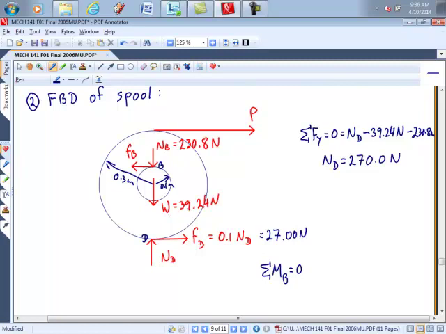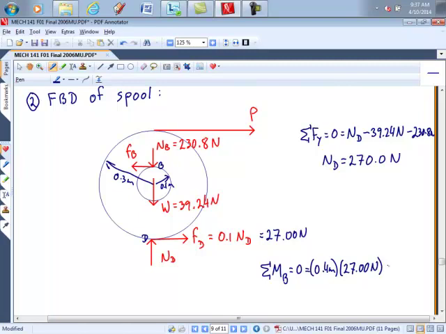So if we're looking at moments about B, Fd is going to be a positive moment. What's its lever arm going to be? 0.4 meters, right? So it's going to be 0.4 meters times 27 newtons.